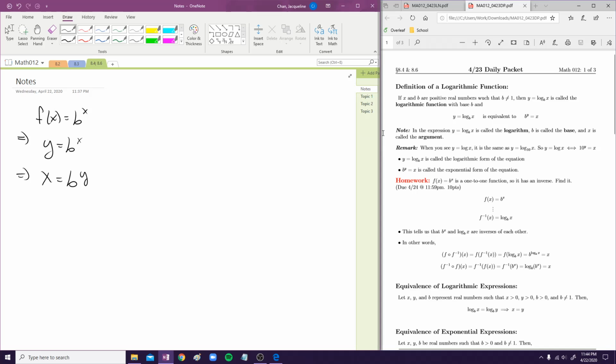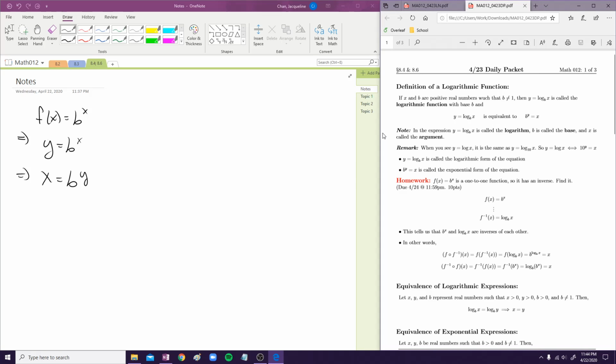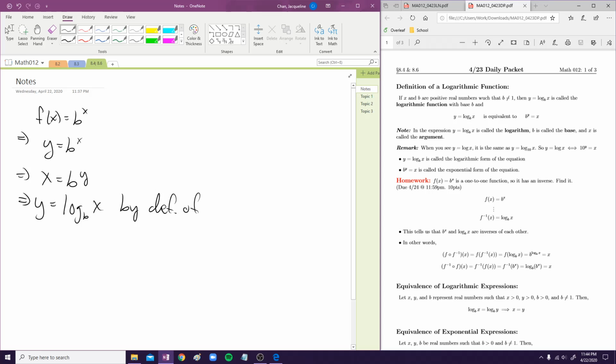We're going to use the definition of a logarithm. We know that if something looks like b to the y equals x, that is equivalent to y equals log base b of x, by definition of a log function.